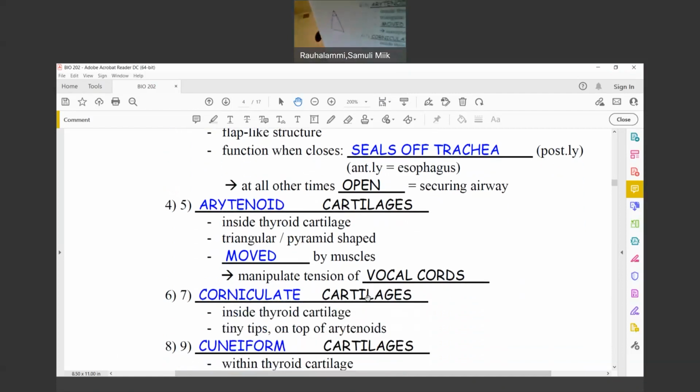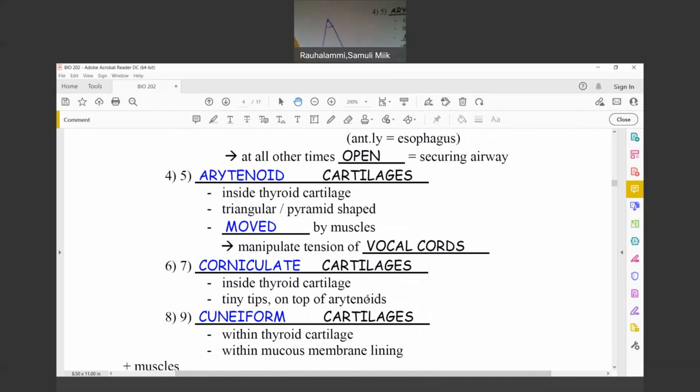So corniculate cartilages are these little tips on top of the arytenoids. And finally, cuneiform cartilages are these cartilage parts housed within the mucous membrane lining of the larynx, not often very, very visible.